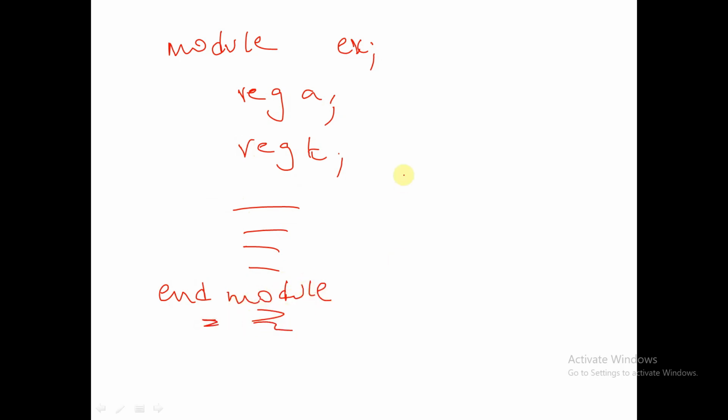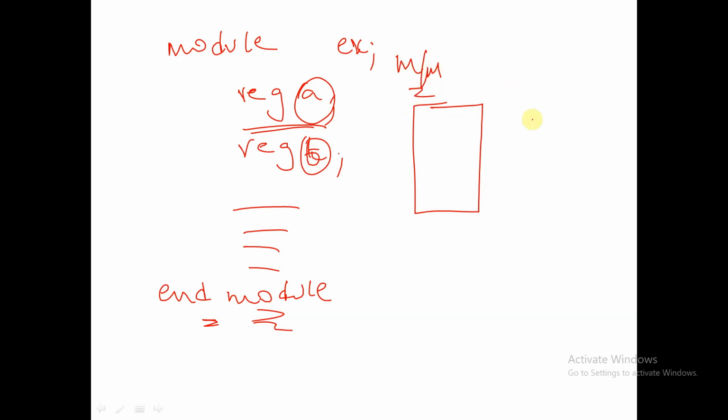When I write like this, a memory will be created for register variable A and a memory will be created for register B, and the values which are being assigned to A and B will be stored into these particular memory locations. Is it clear?